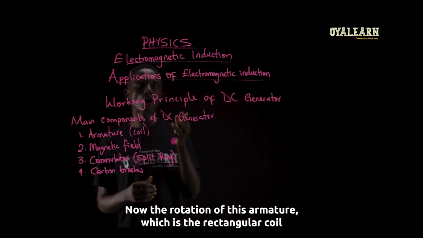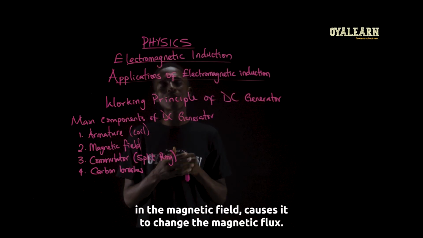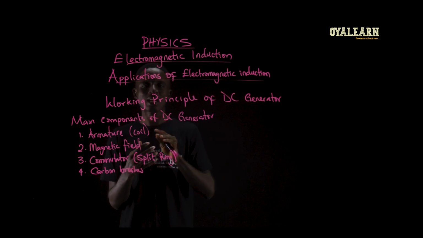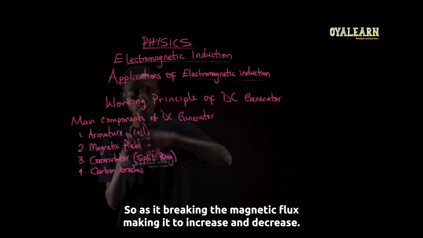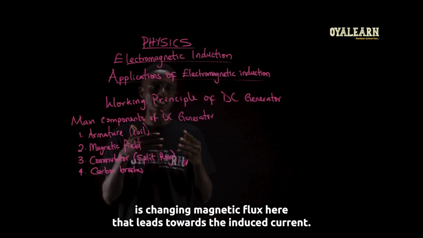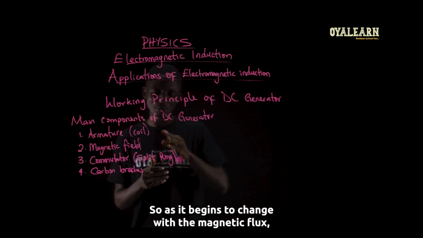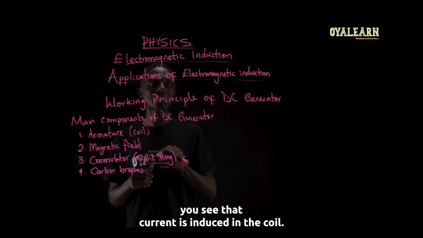Now, the rotation of this armature, which is the rectangular coil in the magnetic field, causes it to change the magnetic flux. So as it is breaking the magnetic flux, making it either increase or decrease, you remember it's changing magnetic flux here, that leads to what? The induced current. So as it begins to change with the magnetic flux, you see that current is induced in the coil.